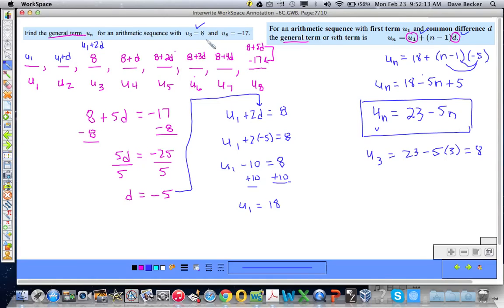So that's a good check right there. You could do the same thing with u sub 8. Does u sub 8 equal 23 minus 5 times 8? Well, that does equal negative 17, because 23 minus 40 is negative 17, which is what they told us. So we know that we are right.